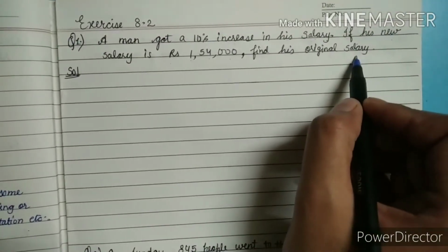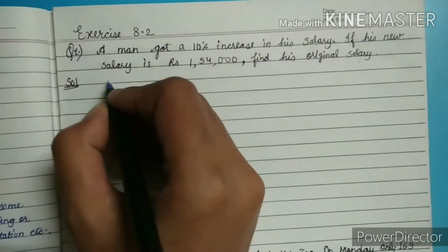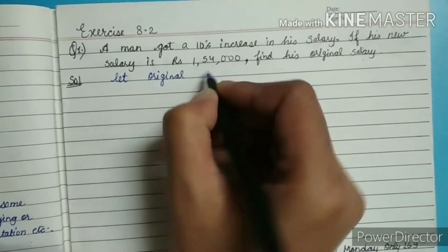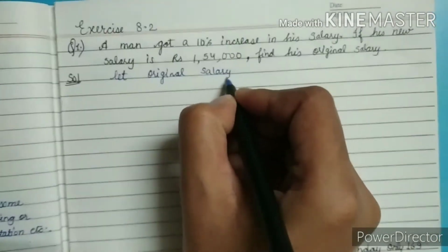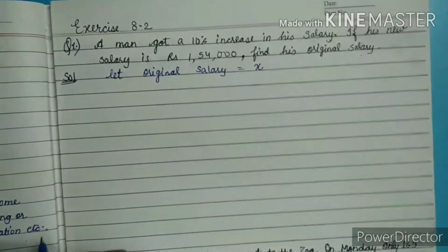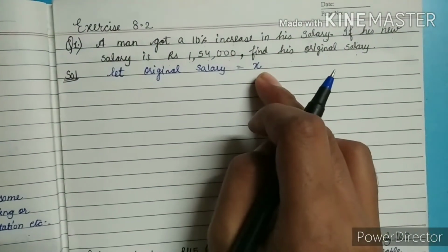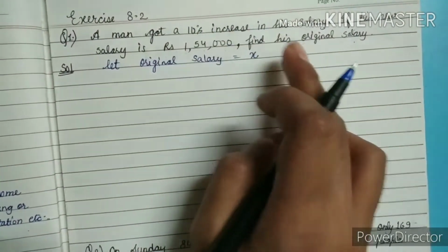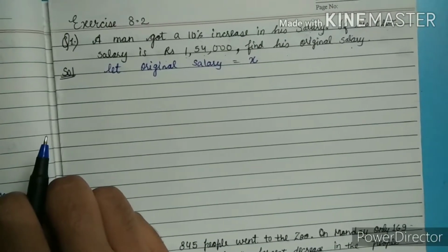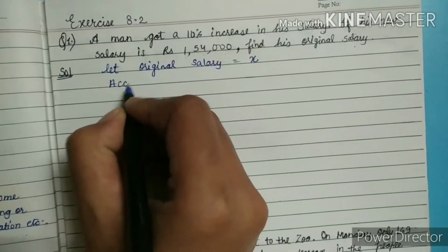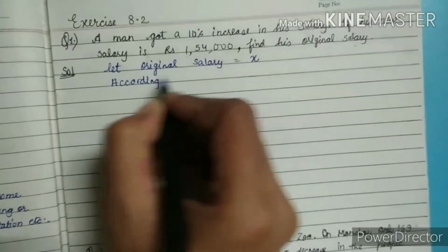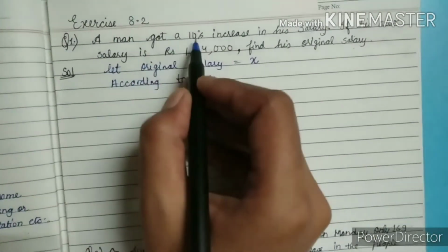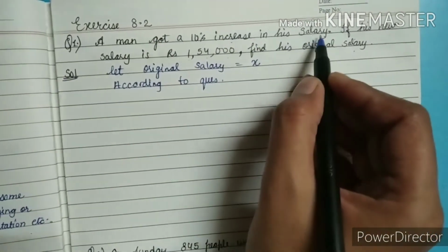Firstly we will suppose the original salary that we have to find is x, because on the original salary it increased by 10% and it became 1,54,000. So according to the question, a man got a 10% increase in his salary.